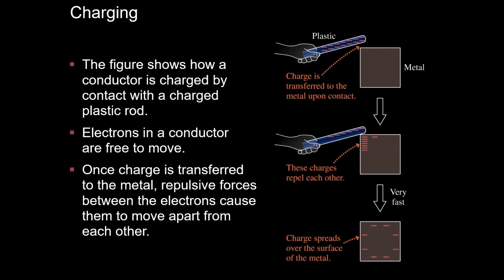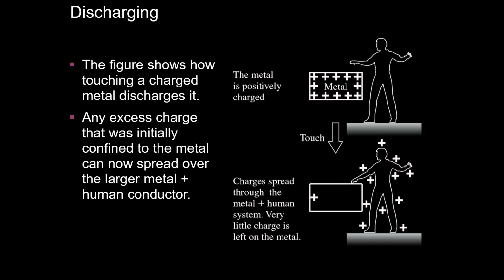That's how you charge a conductor. Discharging a conductor is the same thing, right? If you bring an uncharged conductor to a charged conductor, it drains almost instantaneously, and all the charge resides on the surface, right? So the same human body picture that we've got here.